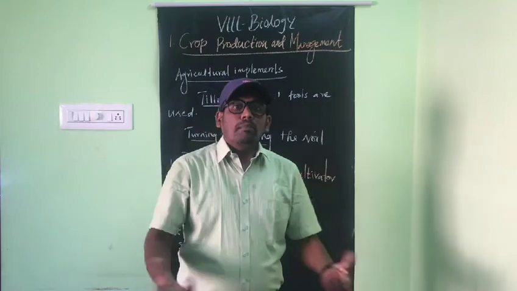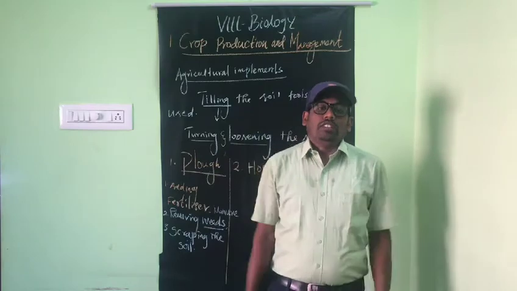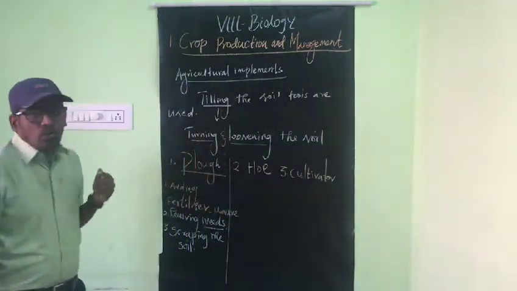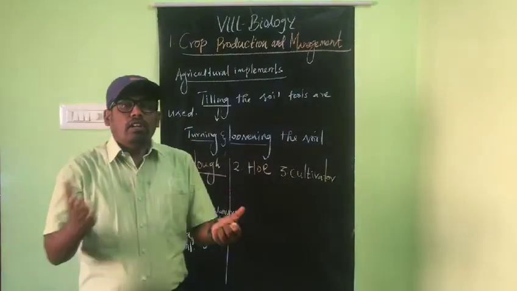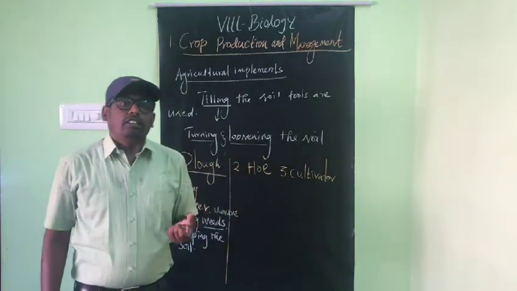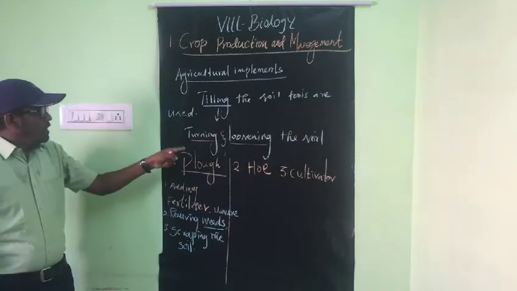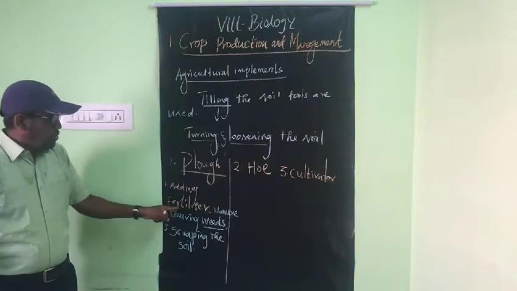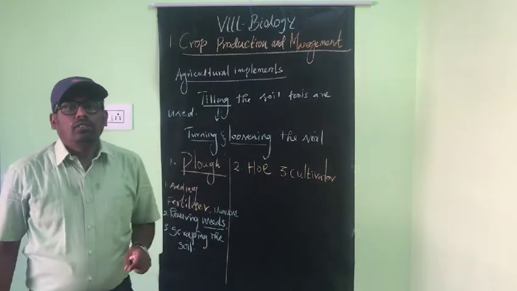The soil lumps which are large in size are called soil crumbs. When you use the plough, the big-sized soil lumps become pieces the size of grains. That is called scraping. So when we use the plough, these things occur: adding manure and fertilizer, removing weeds, and scraping the soil.